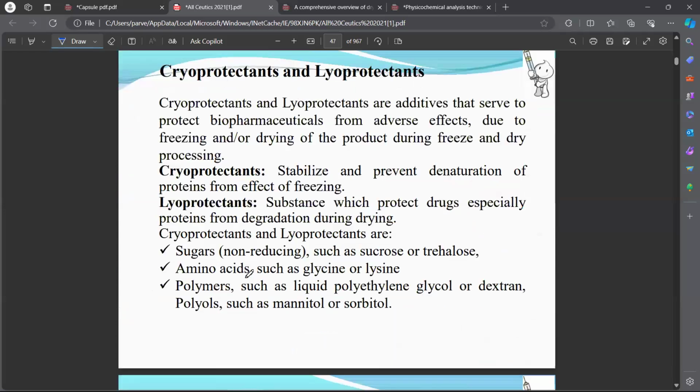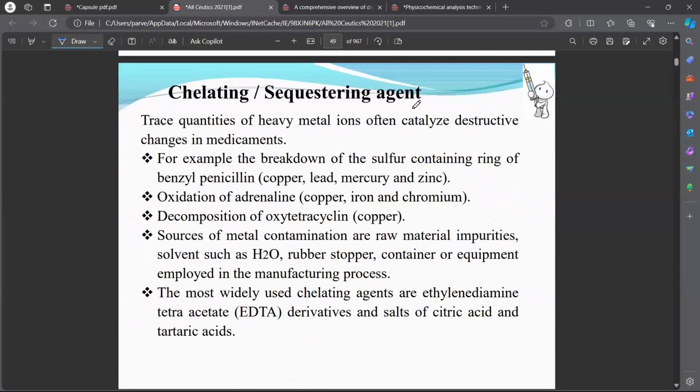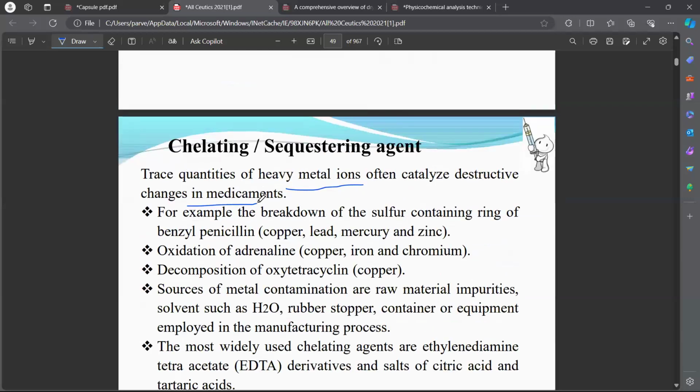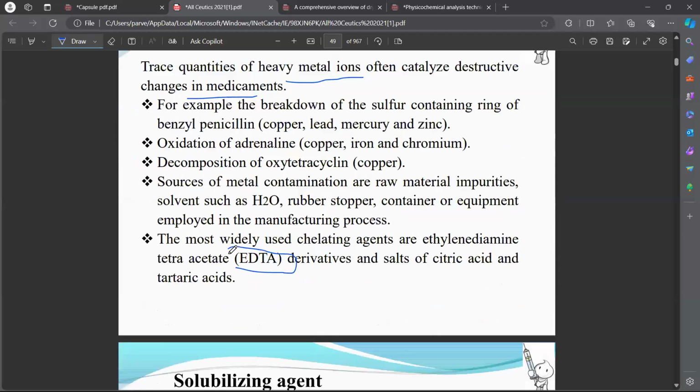As I mentioned, there are examples of cryoprotectants and lyoprotectants. Next, chelating agents. Trace heavy metals can catalyze degradation, so in order to prevent this, EDTA, ethylenediaminetetraacetic acid, is used.